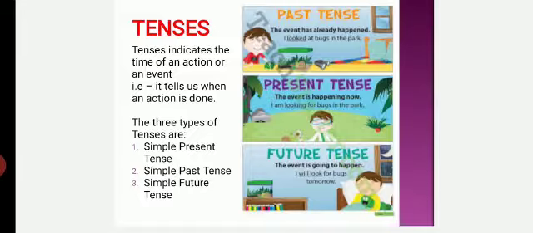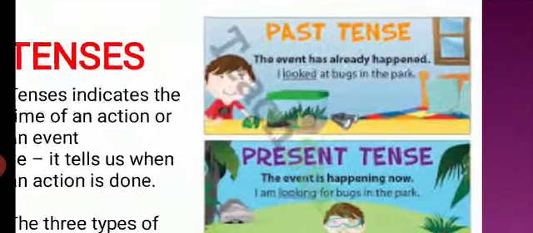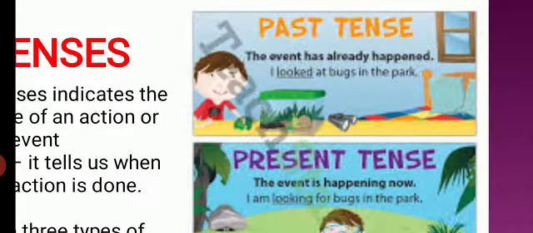Let us see the picture. Past tense is where an event or action has already happened. Simple present tense is where the event or action is happening now.